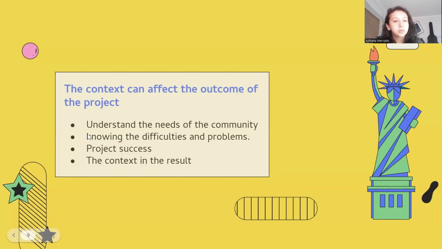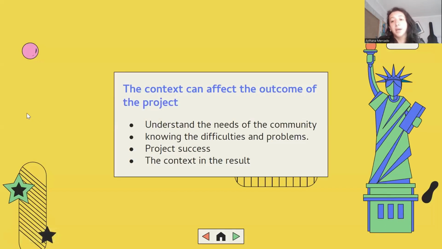So, the context can affect the outcome of the project. As a group, we realized that for any project, the context is directly related. Being able to understand the needs of the community helps us to give the best possible approach for the water system, and knowing the difficulties they are going through and the internal problems they may have is important for the development of the project.